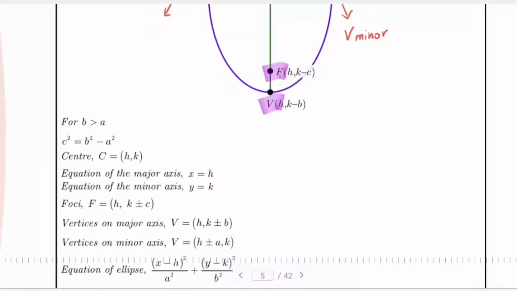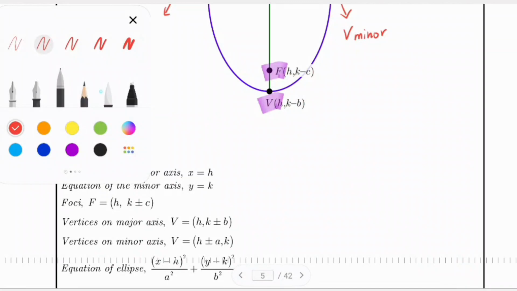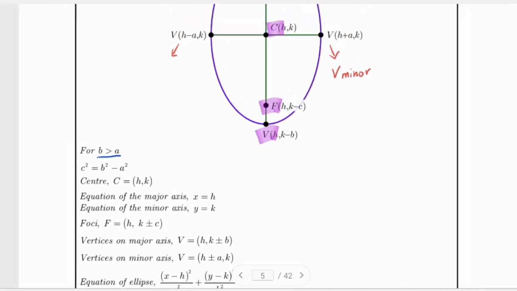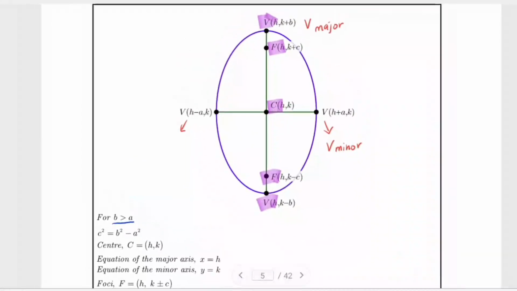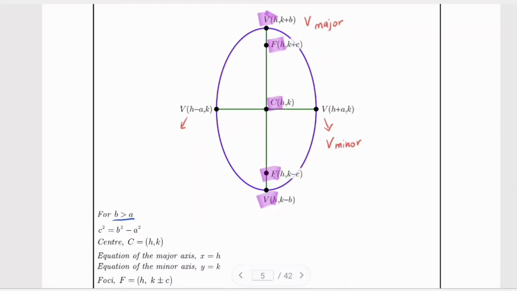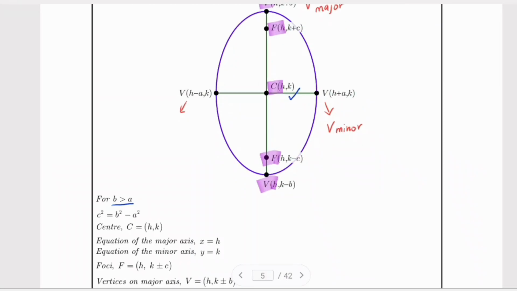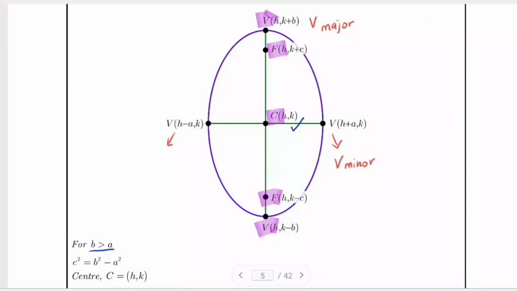For B greater than A, the formula to find C is C square equals B square minus A square. So let's take a look at the center over here. You have the center (h, k), and we can notice that h will stay the same.